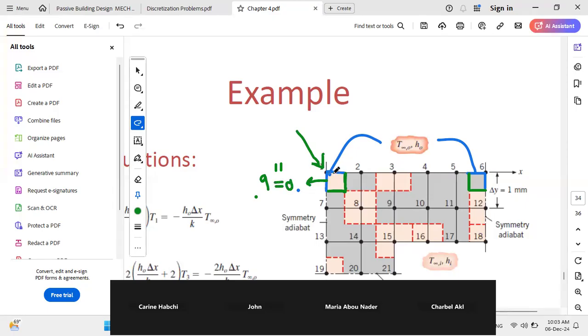Now, for the convective side, if we assume that the convection flux is coming inside, then the expression of Q second here will be equal to H out times T infinity out minus the temperature of the node, so minus T1.